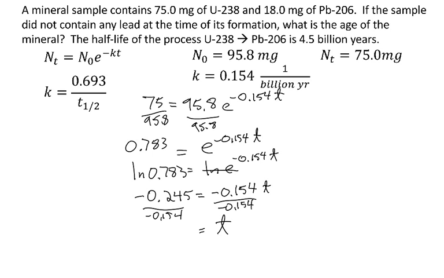And so I get t to be 1.65. Because we used the half-life in billions of years, the k was 1 over a billion years, and so the time will again be in billions of years. So this mineral sample is 1.65 billion years old.